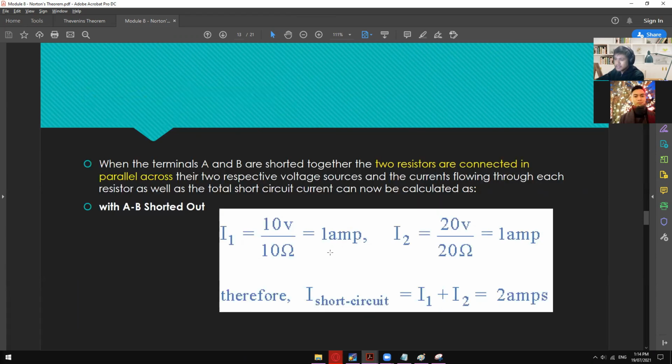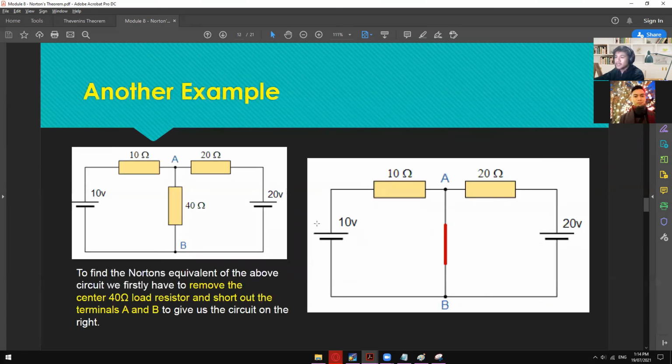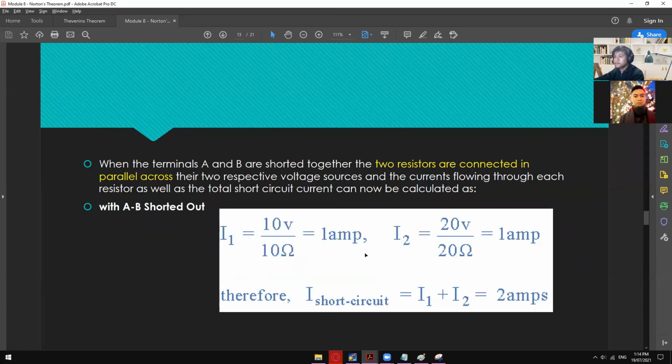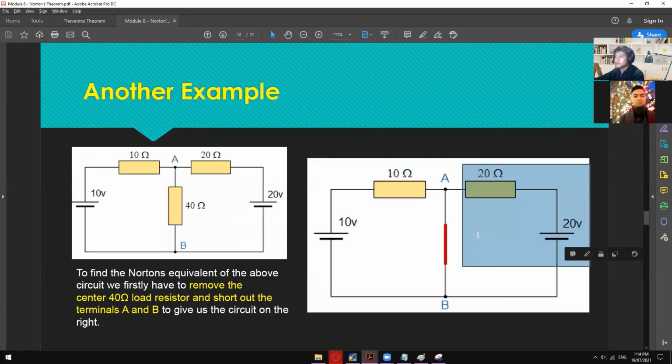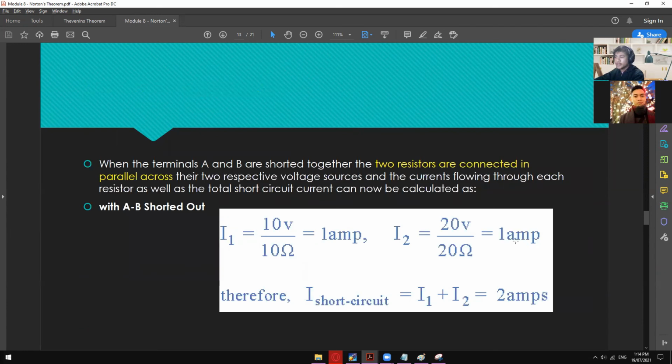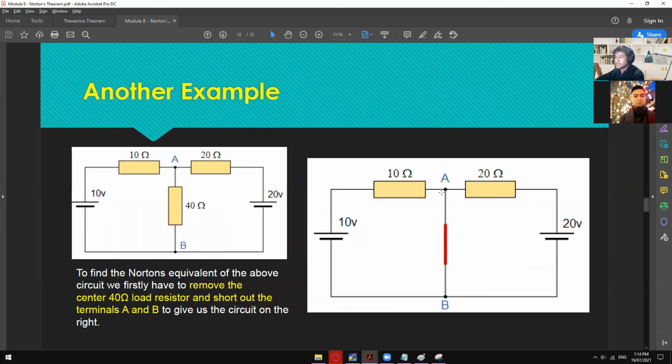So, let's solve first the IN, or the Norton's current para masundan natin to. So, for the I1, of course, ohm's law lang. So, I is equal to V divided by R. So, left side, 10 divided by 10 is 1 amp. So, the same with the right side, 20 divided by 20 is 1 amp. So, as you guys can see, we have the same flow of current that will merge on this node AB, or this spot right here.